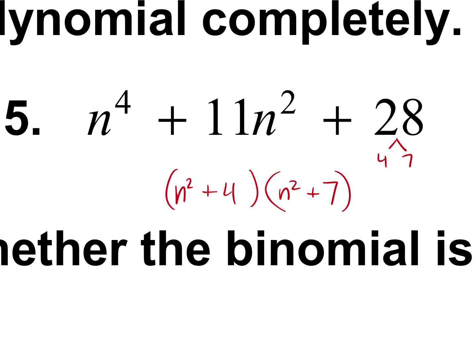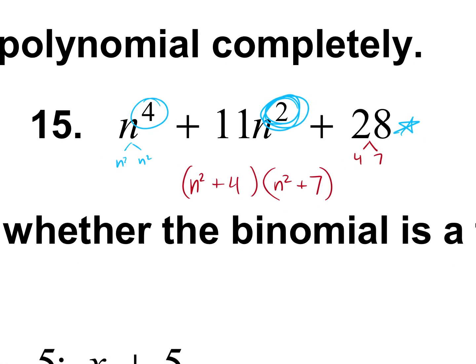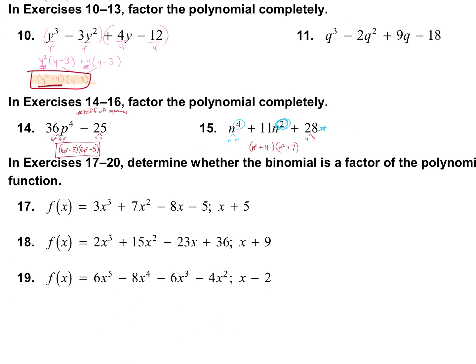Why n squared? Because it's n to the 4th power, so that would break down into n squared and n squared. It'll always be the same term as the middle one. You can always check your work by foiling it back out, and you will get the original question. Any questions here?